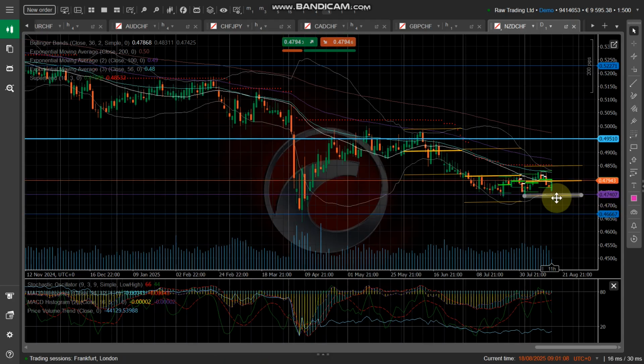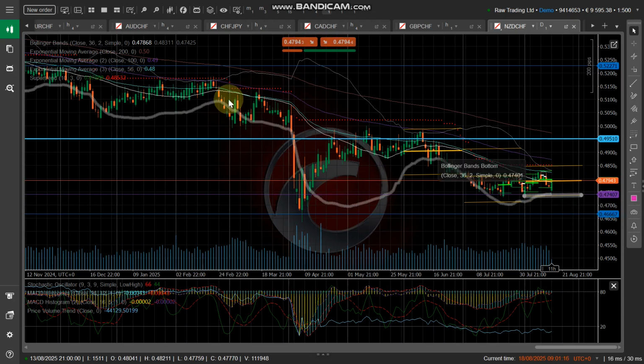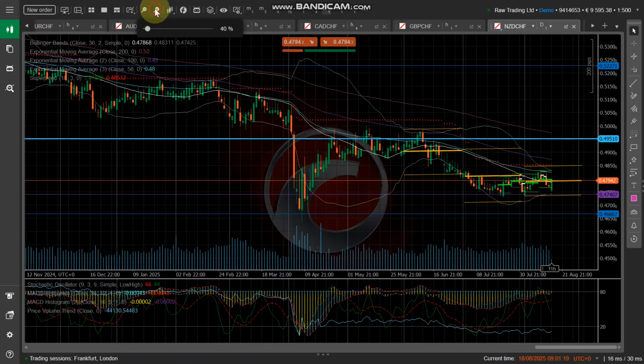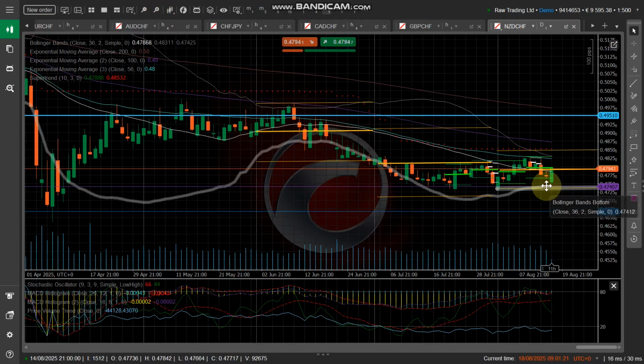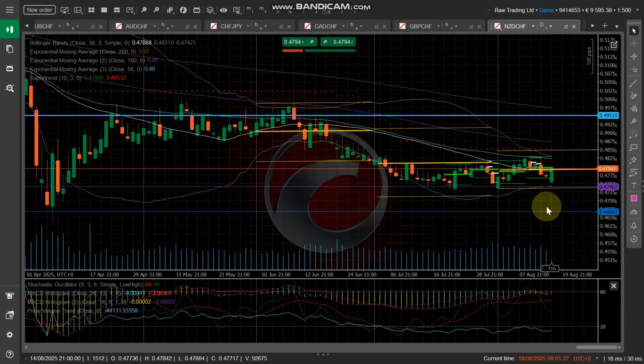That's how far the meet between last week is. Let's make it bigger. That's last week's candles. Friday, doji, indecision on the 80%, narrowing on the 36 MA, 56 MA, 100 MA, 200 MA.